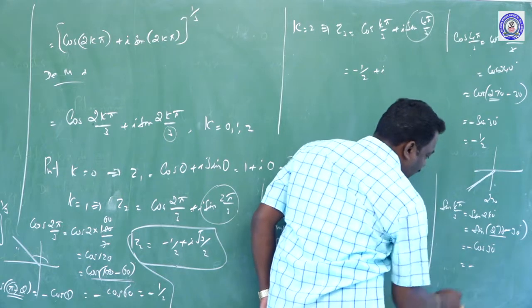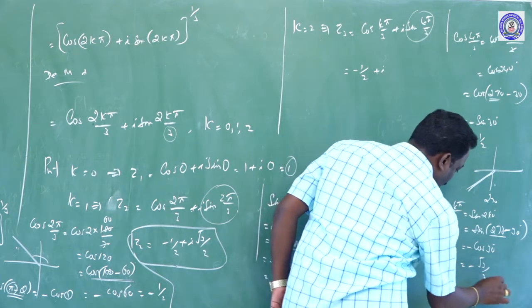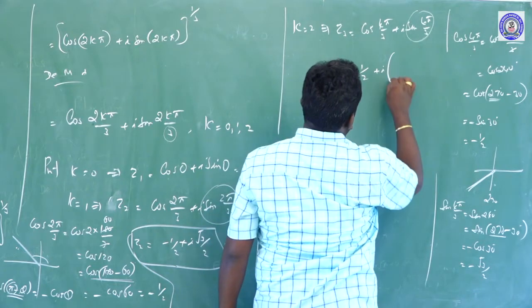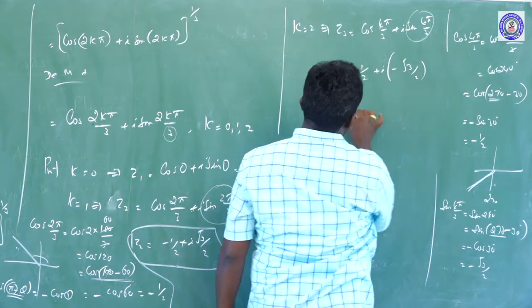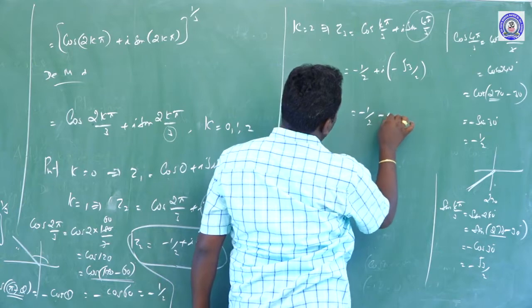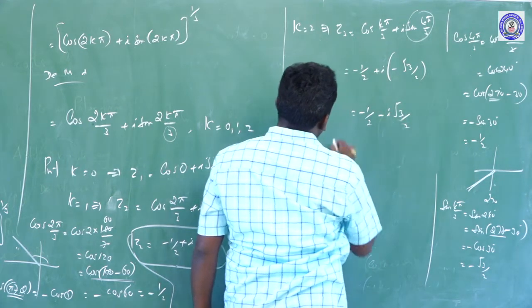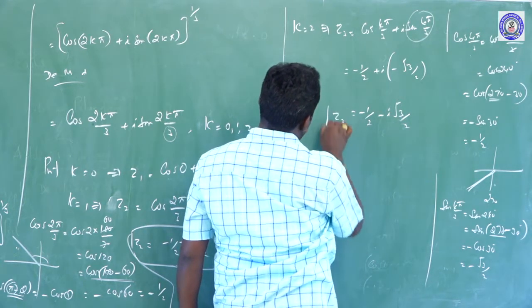That is equal to minus cos 30, which is root 3 by 2. Therefore this value is equal to minus root 3 by 2, so Z3 is equal to minus 1 by 2 minus i into root 3 by 2.